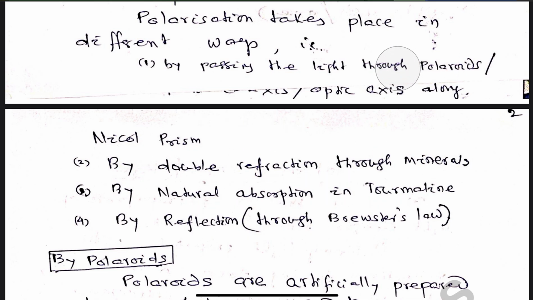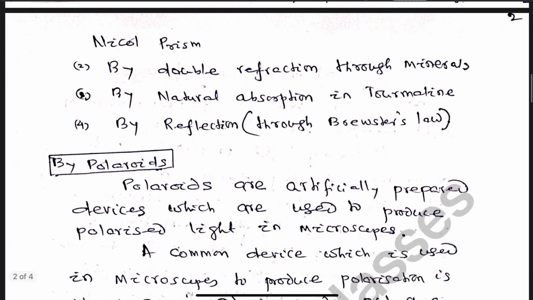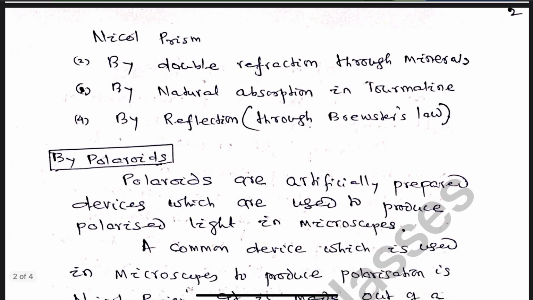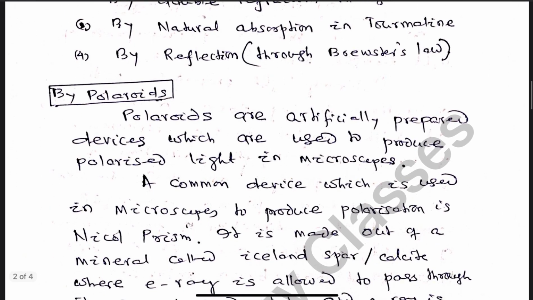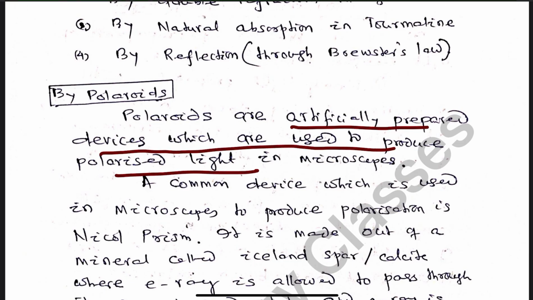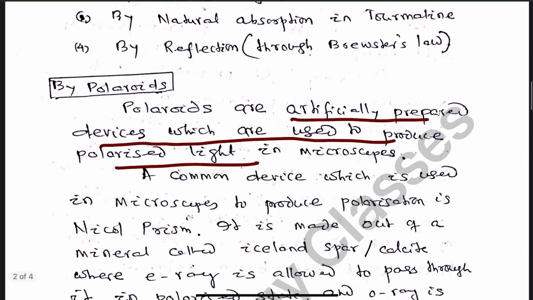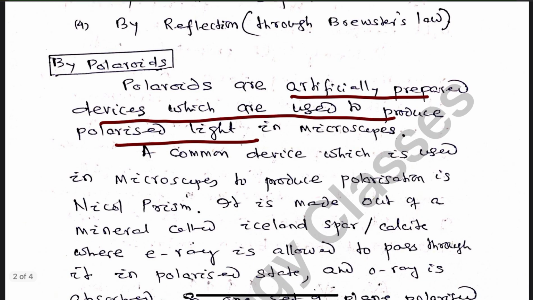Let us discuss a little about these methods, how we get polarized light. Polarizers are nothing but artificially prepared devices which are used to produce polarized light. A very common device is the nickel prism.